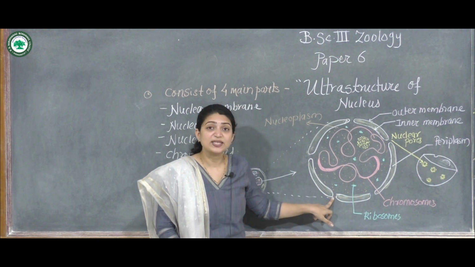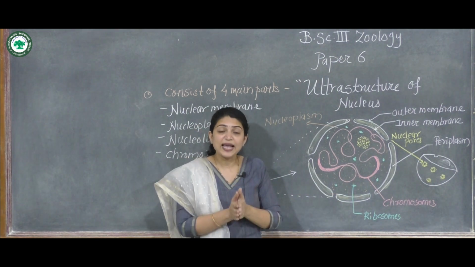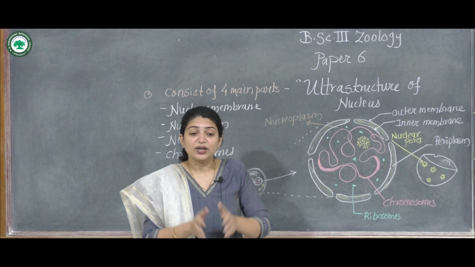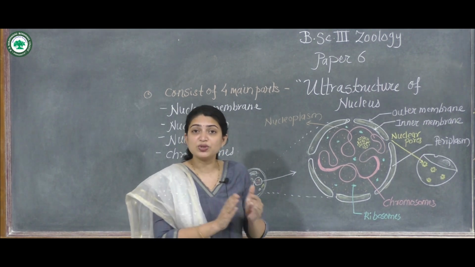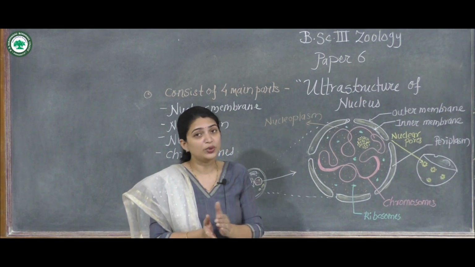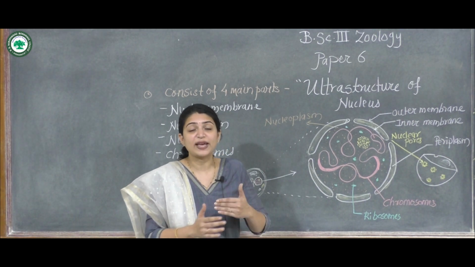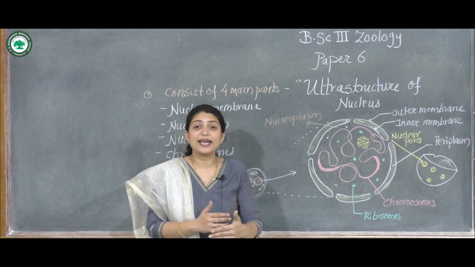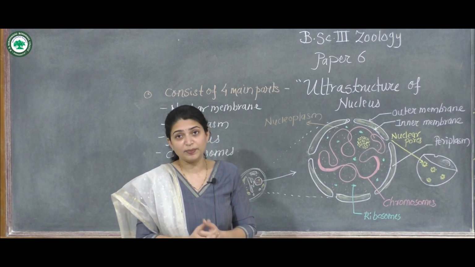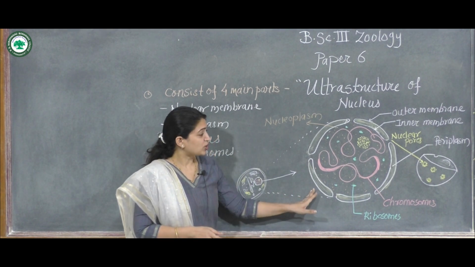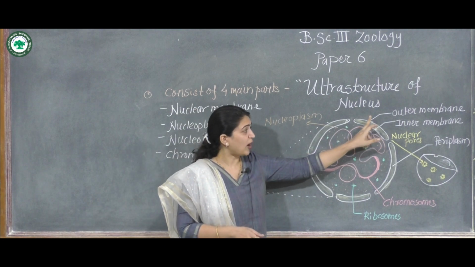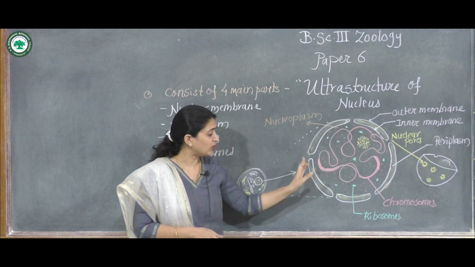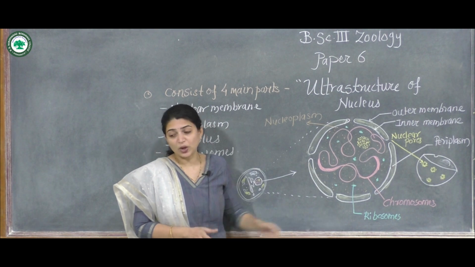This space is called the nuclear pore, and it allows transport of material from nucleus to cytoplasm or cytoplasm to nucleus. In this way the nuclear membrane consists of an outer and inner membrane with nuclear pores present on it.